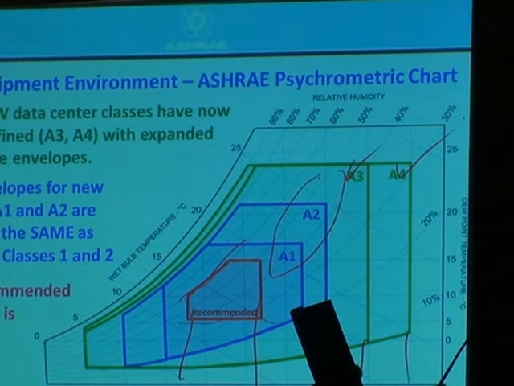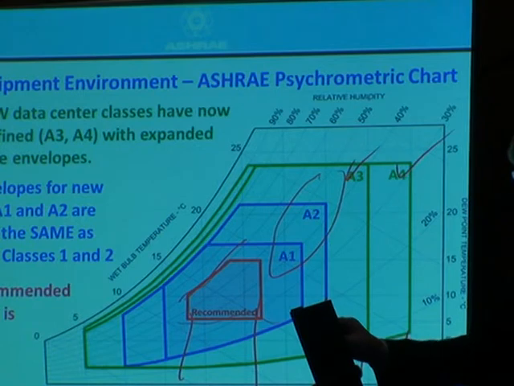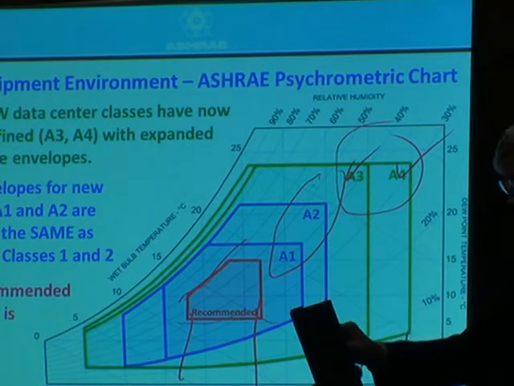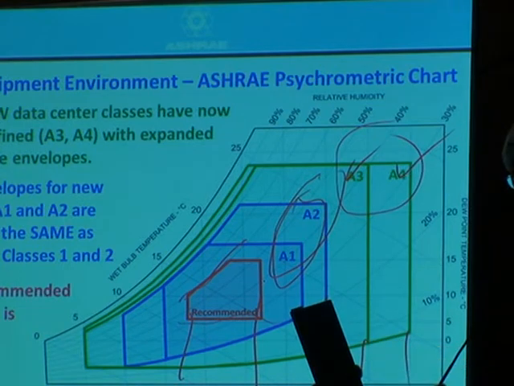But I guarantee there's going to be a rush over the next year or two to make products in that area, because customers, marketing, and sales are saying you want it. So we will probably start to make products out there. There's going to be a slow movement toward these higher classes for IT equipment. For data centers today, we have to look at those classes right there.